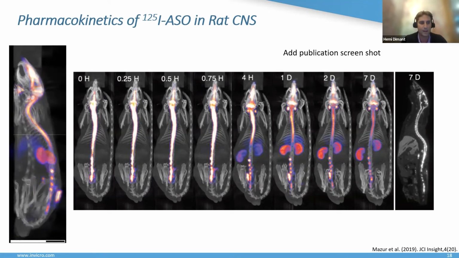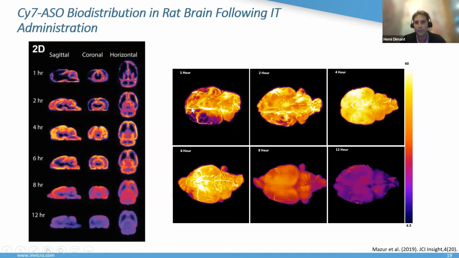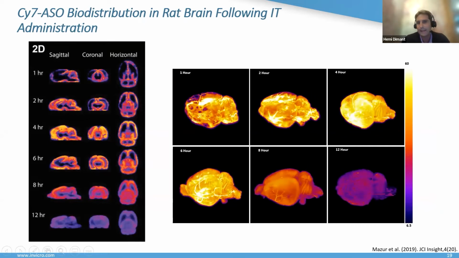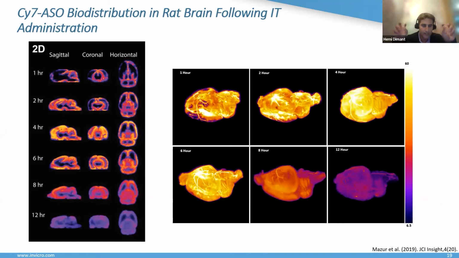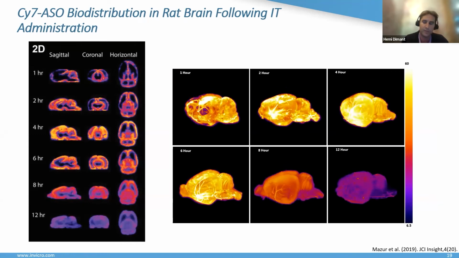This is where we, again, combined Cryo-Fluorescence Tomography. Instead of iodine-125, we labeled the ASO with Cy7. We did a similar study, a PK. I'm doing this because each of these time points here is obviously a separate animal.